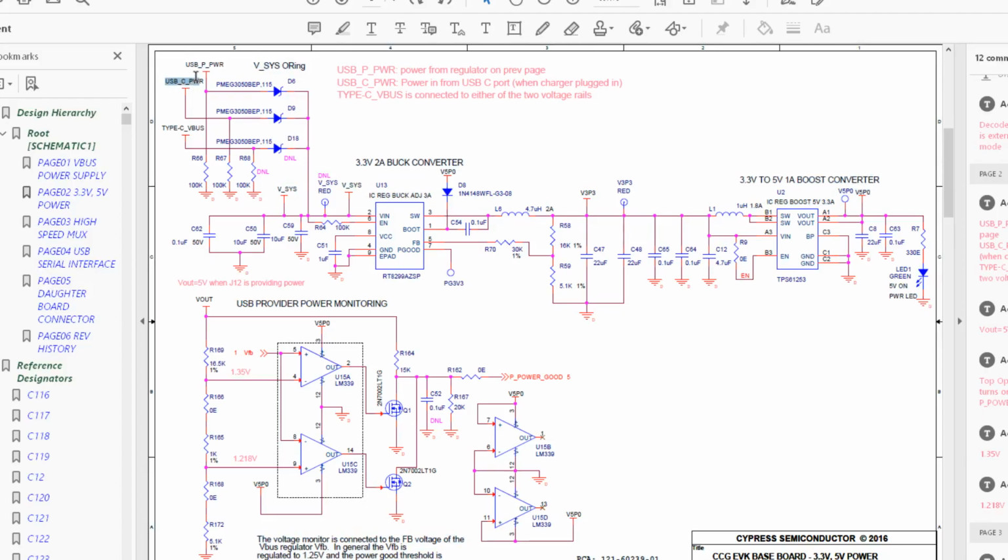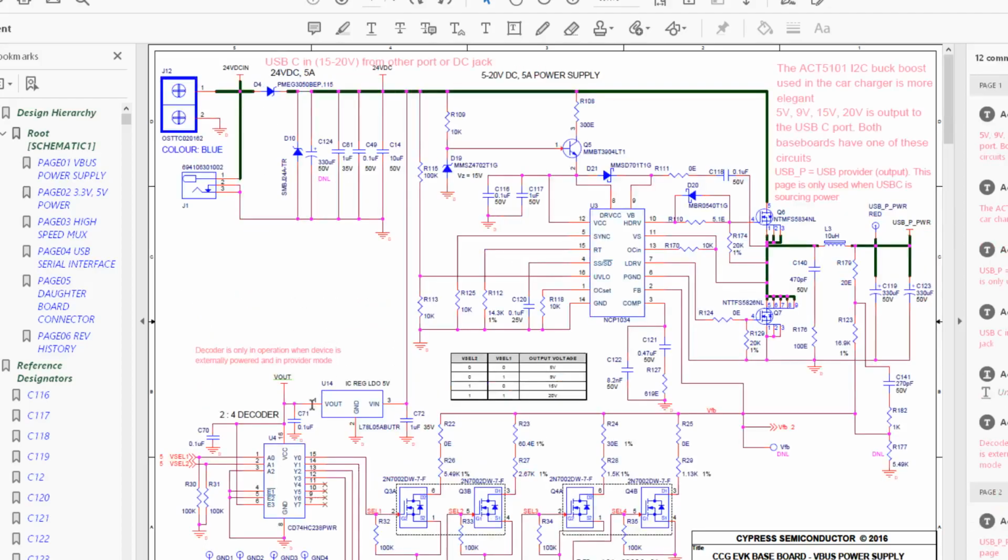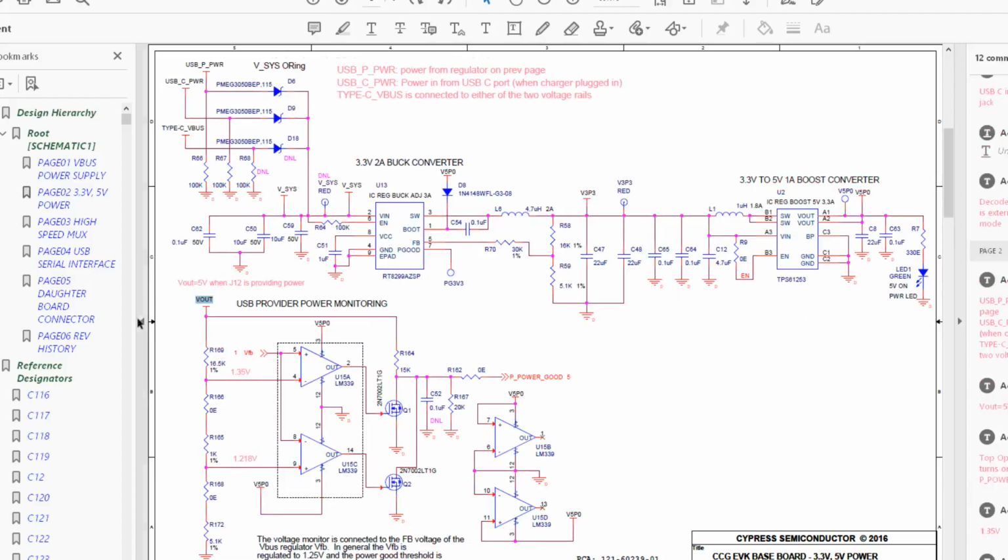So there's an assumption here: only one of them is on at once. And you get 3 volts and you get 5 volts out of here. And then this VOUT, of course, comes from this.